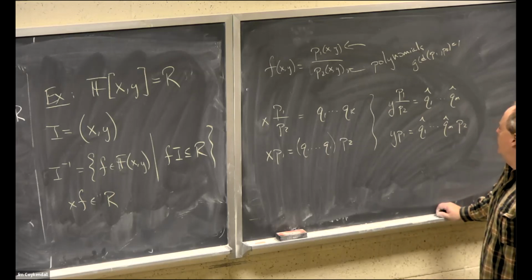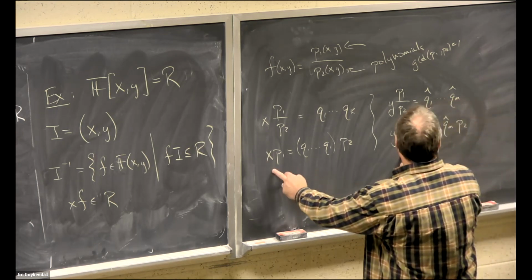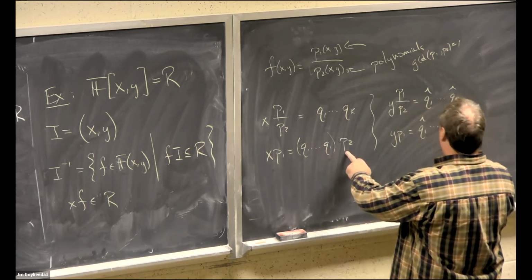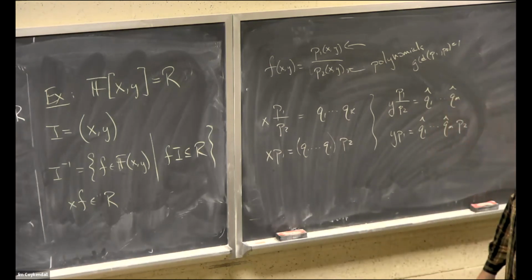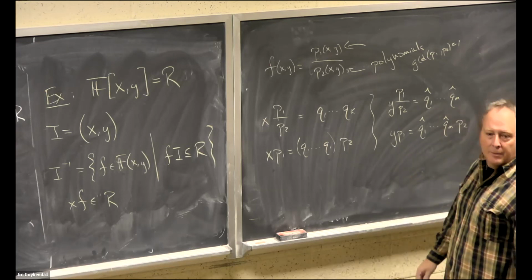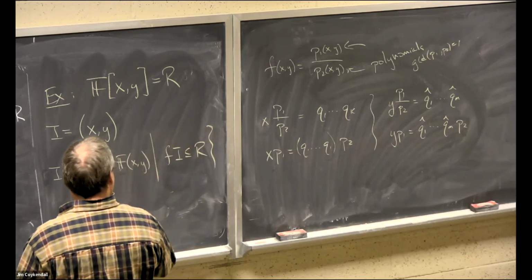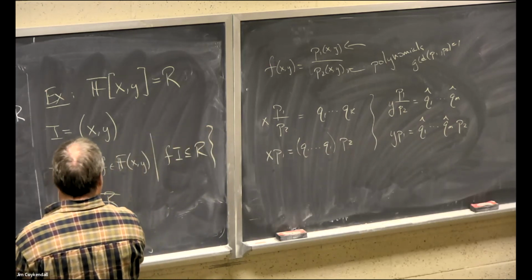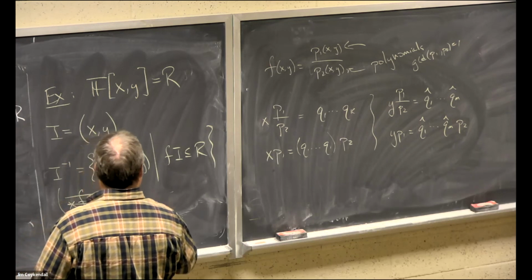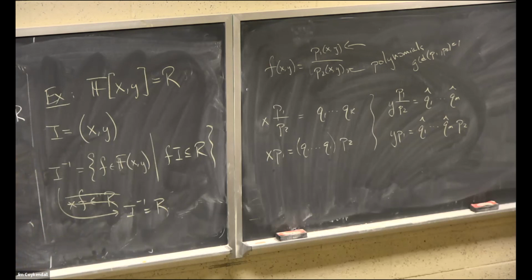Now, use unique factorization to get a contradiction. Notice that what you have here is XP1 and YP1 being two different products, both of which contain P2. That means that you have to have a common factor between P1 and P2. So the upshot is I inverse is actually equal to R, because you can't have any proper quotient of polynomials that does this.